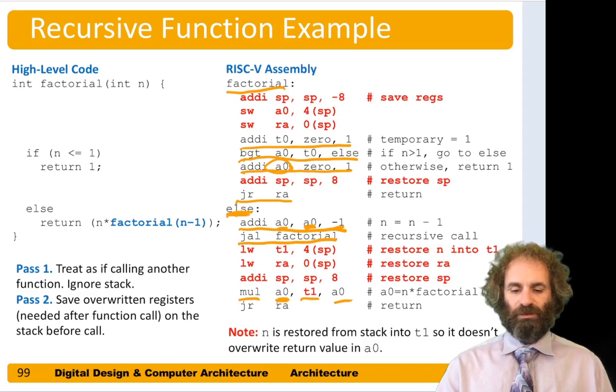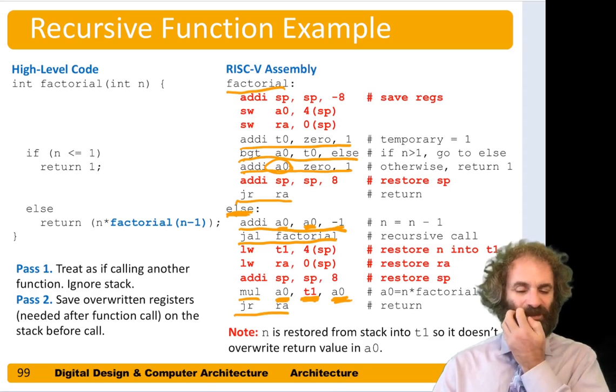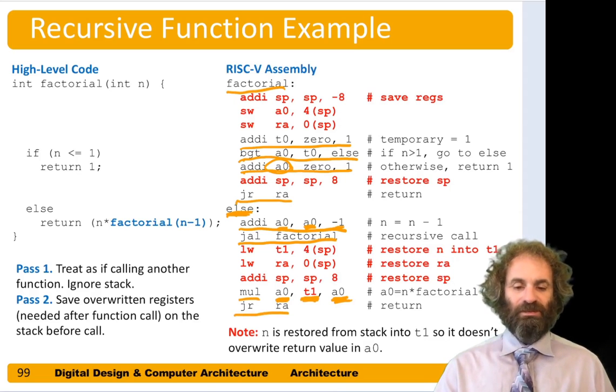A0 is our return result. T1 is going to be the n that we get back, and we'll look at restoring that in a moment. Let me say this again. T1 is the n that we had back. A0 is the result of calling factorial of n minus 1, and we'll put that in A0 to be the return result from our factorial, and then jump back to RA to return to the caller. So that's the main logic.